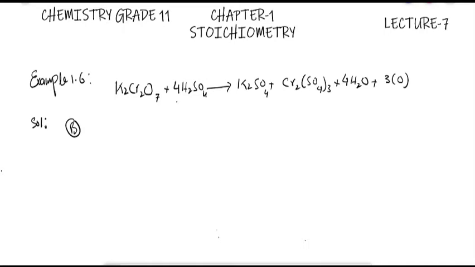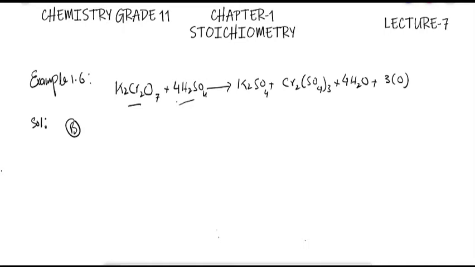The limiting reactant is consumed completely. So we already know that sulfuric acid is the limiting reactant and potassium dichromate is the excess reactant in this case. So it is understandable that potassium dichromate would be left behind as a result of complete reaction.